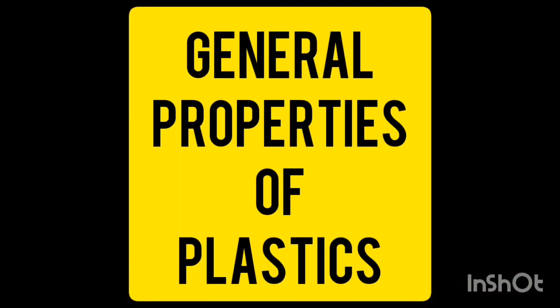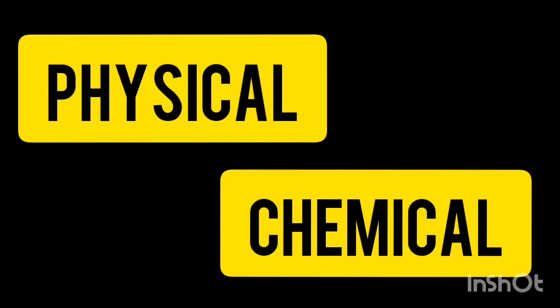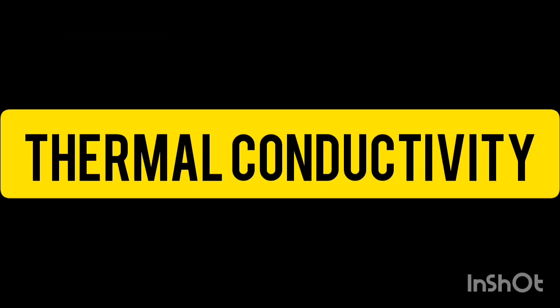Now let us see about the general properties of plastics. For all materials, we have to learn physical and chemical properties. Here the different types of plastics differ in their physical and chemical properties, but some of the properties are common.